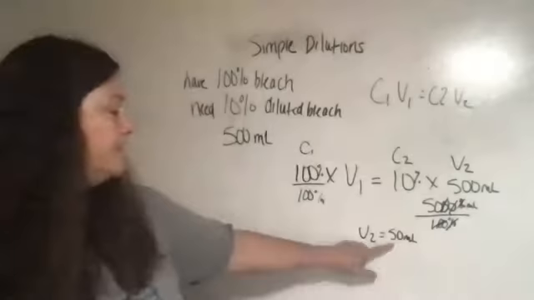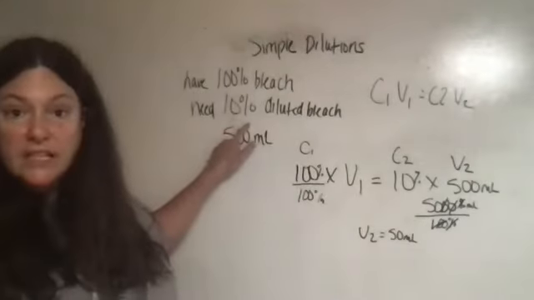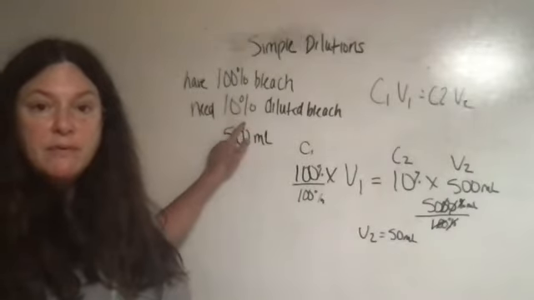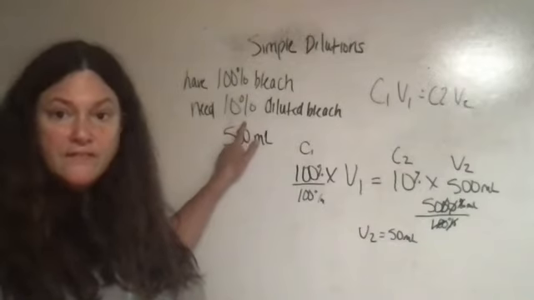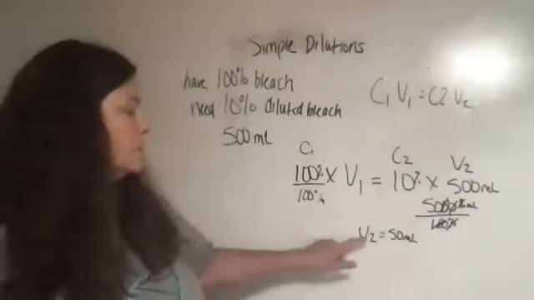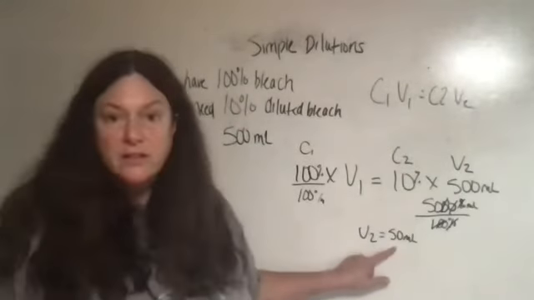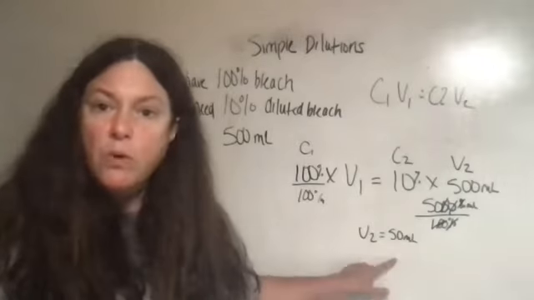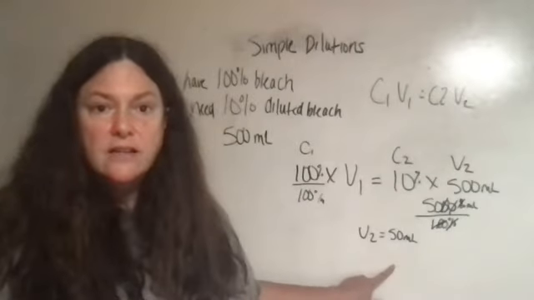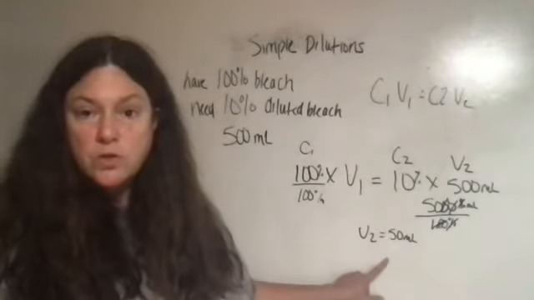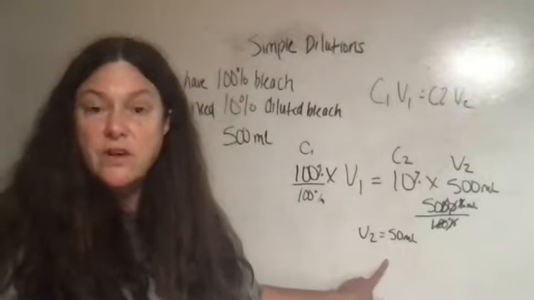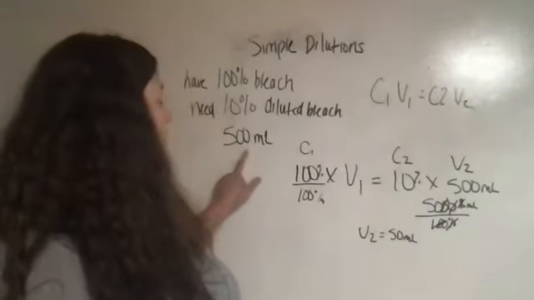So we need 50 milliliters of undiluted bleach to make a 10% solution in 500 milliliters. We know now that we have 50 milliliters of undiluted bleach. How much water do we need to add to get to 500 milliliters of the solution that we need?